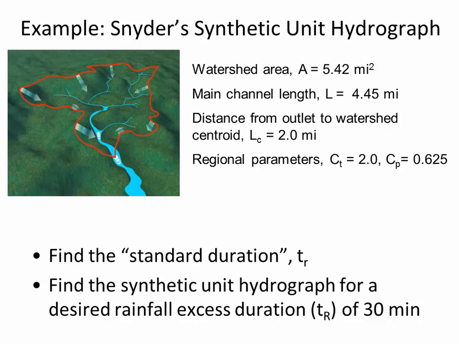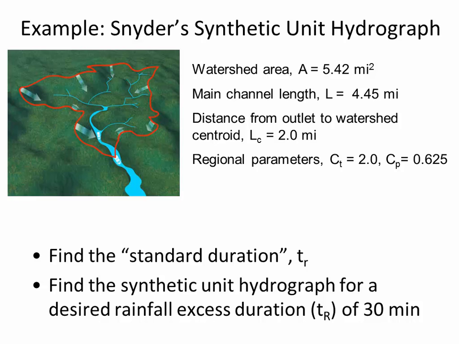Okay, so we've got a watershed area of 5.42 square miles. The main channel length is 4.45 miles, and that's referring to the largest stream that runs through the body of the watershed. And so the regional parameters that are taken from similar watersheds in the area, the C sub T and the C sub P, those will just be given to you in the kind of problems you're likely to see.